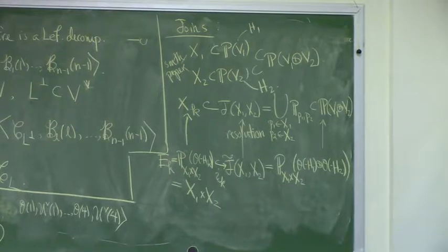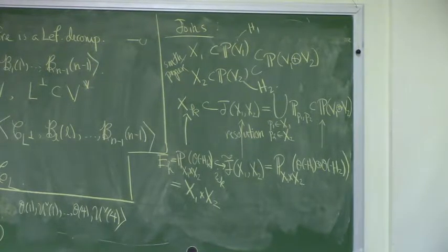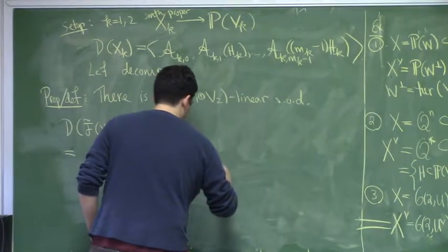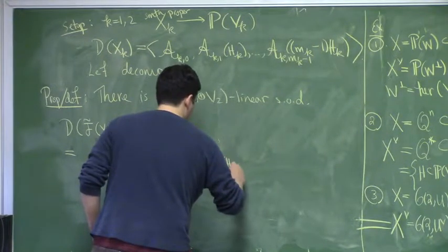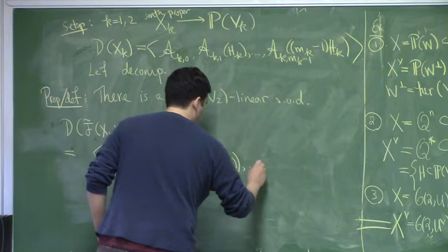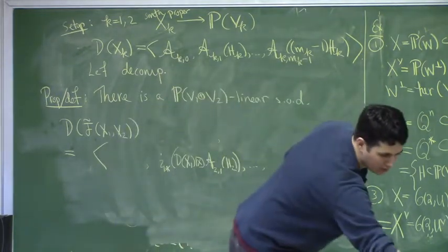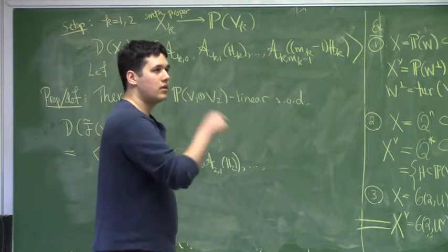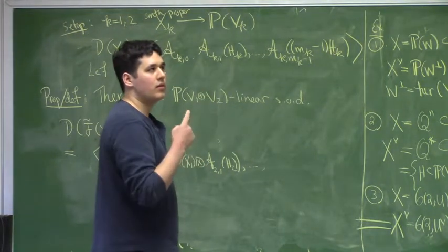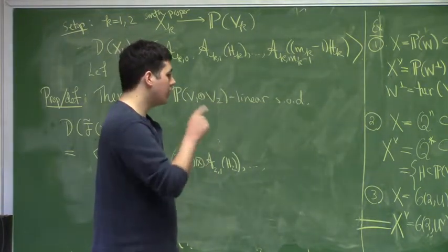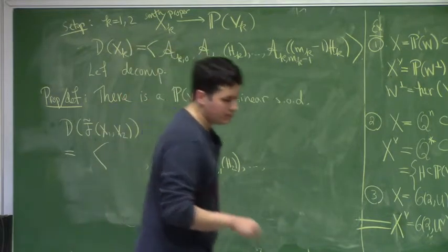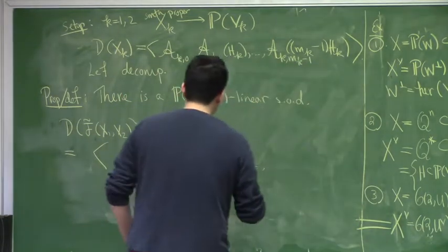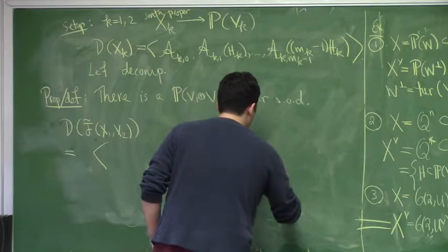So the first term looks like this. Let me make sure I get it right: I sub k is the one whose image contracts to xk, or whose fiber is xk. E sub k contracts to xk. Yeah. And so there's a decomposition that looks as follows. Let me write it and then I'll explain it.